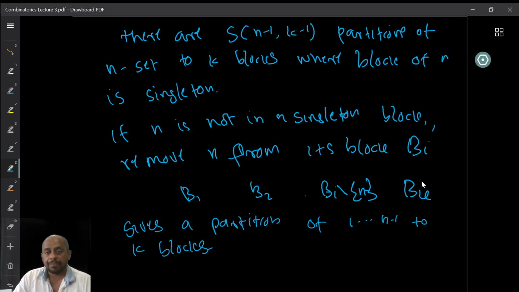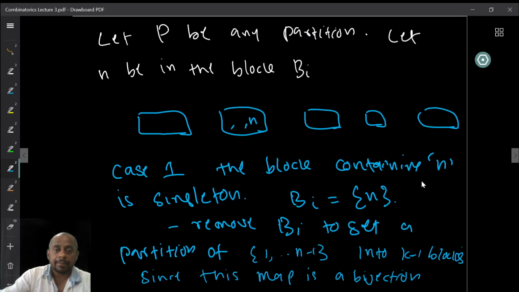Therefore, corresponding to one partition of the n minus 1 element set into k blocks, we can get k different partitions of the n element set into k blocks, because you take this partition and just add the element n to any of the k blocks in k possible different ways, and we will still get a different partition of the set 1 to n.